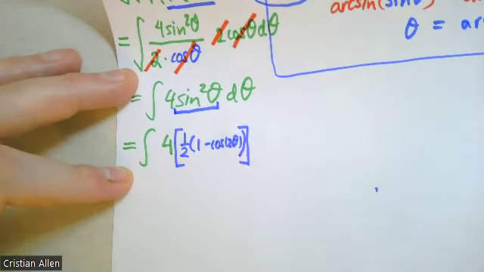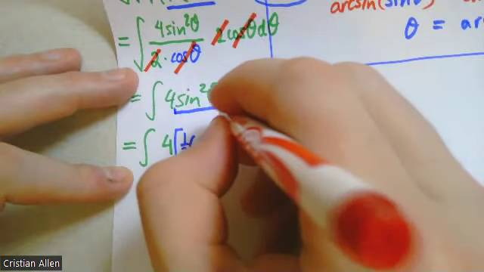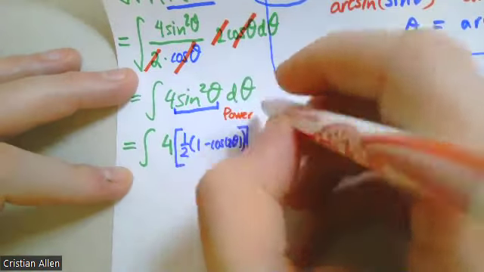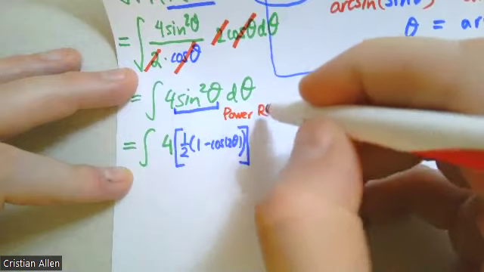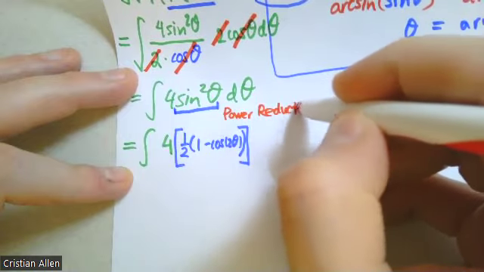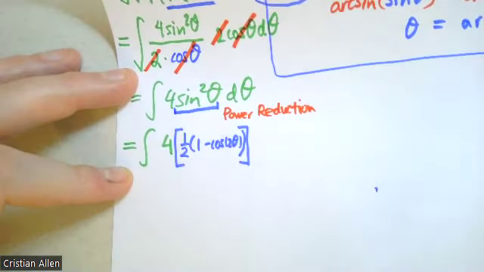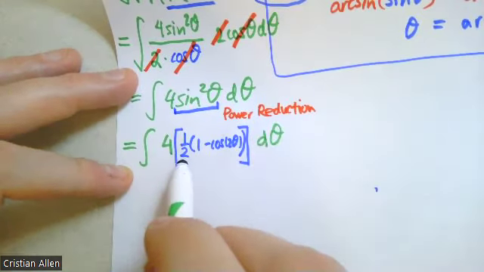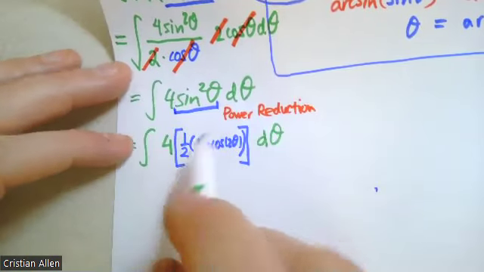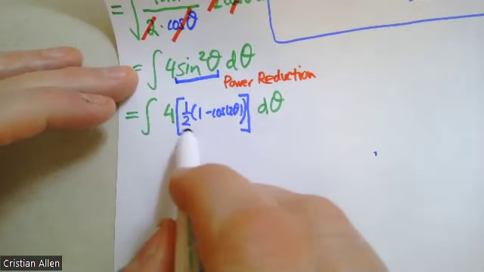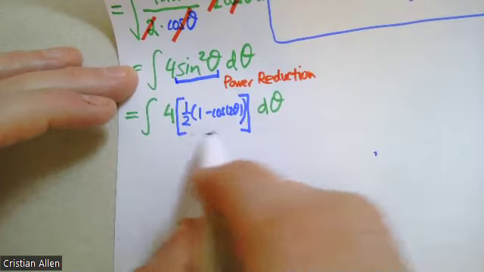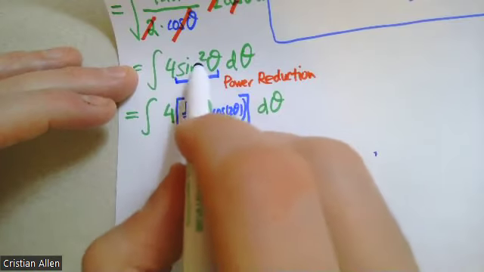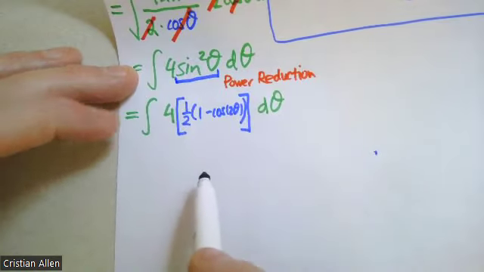This is called the power reduction formula. Okay, what's a little bit unpleasant about it is how many little constants and parentheses and everything. But hey, at least we don't have the squared anymore.